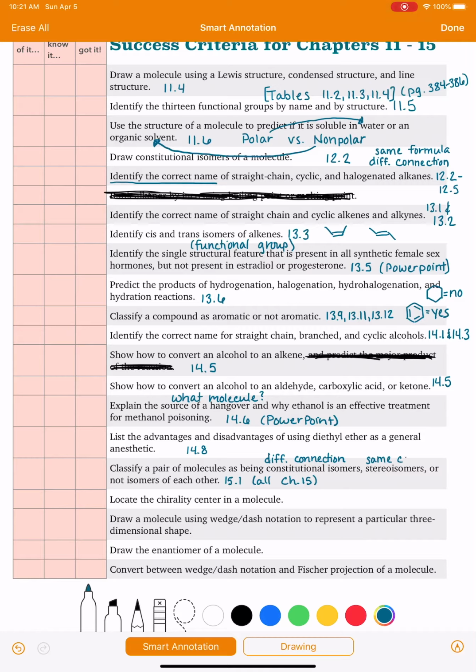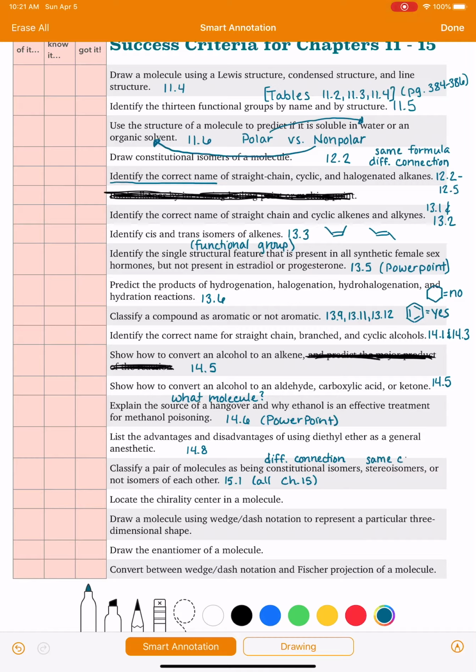So for you guys, this is really going to be recognizing the enantiomer because you're not going to be drawing anything. And in 15.3, we were drawing the enantiomers of wedge dash notation things. And in 15.6, we were drawing the enantiomer of Fischer projection things.